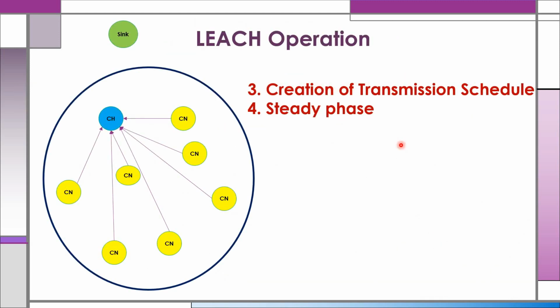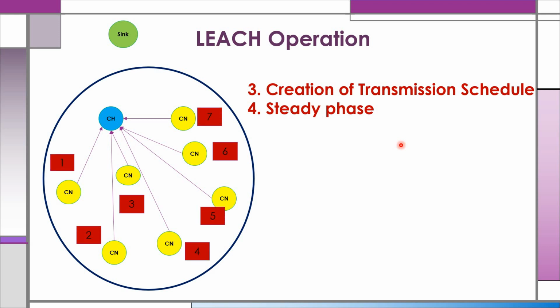So in the next part, the third phase of operation, creation of the transmission schedule, you can see the 7 nodes are available in this particular cluster. The first time slot is allotted for this particular node. In a similar manner, the second time slot is allotted for this node, and the 7th time slot is allotted for this node.